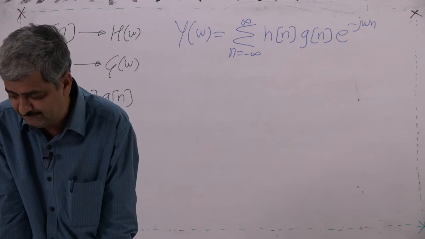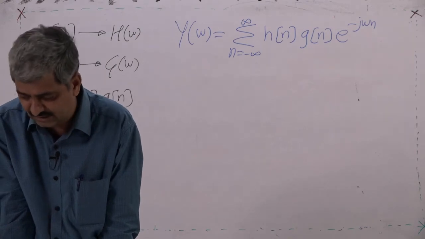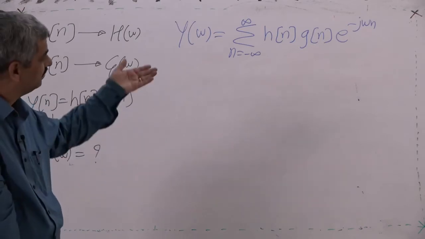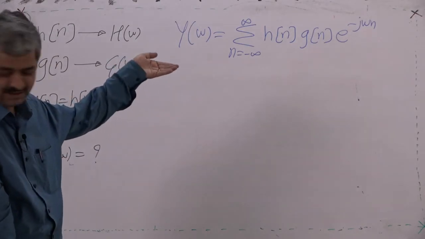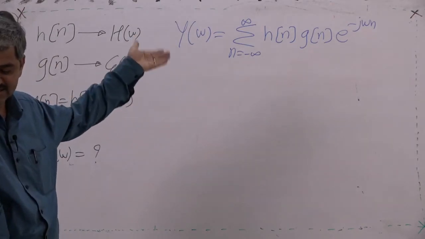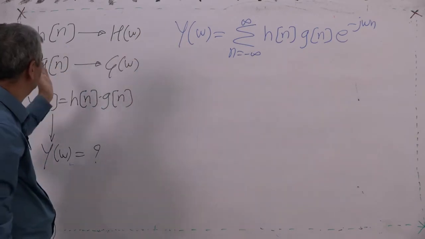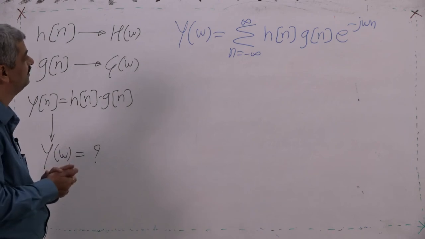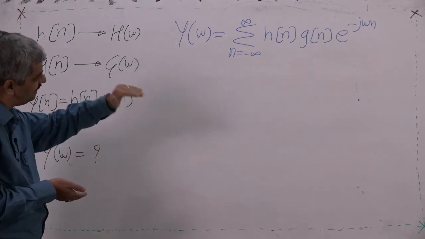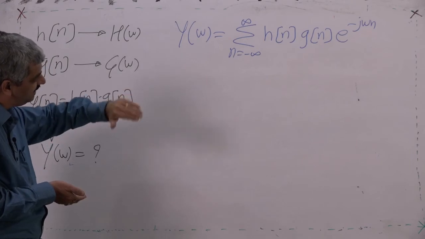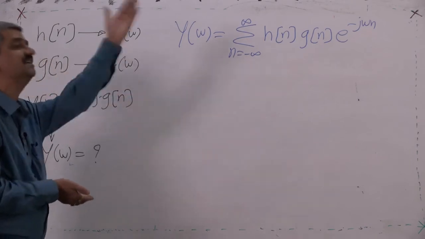The different technique is to think of one of them differently. gn is there, hn is there. Hn's DTFT we know, gn's DTFT we know. So instead of considering the sequence on its own, consider it as the inverse of its DTFT.